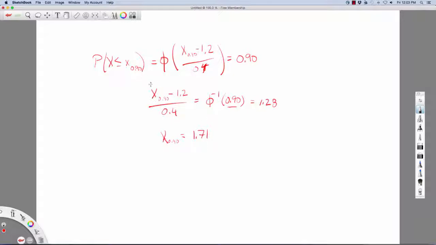So we asked just the opposite: we have the probability this time, and we're asking for the value associated with that probability. We're asking the inverse, so we use the inverse relation that we talked about.